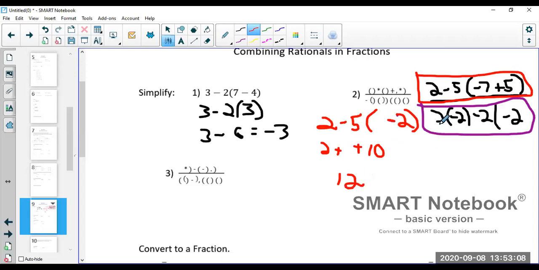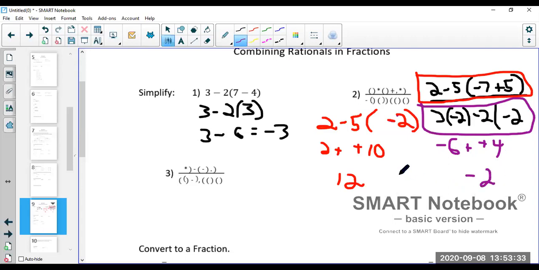Then we go over here and we do this section, and we'll do that in purple. So we have 3 times negative 2 is negative 6 minus negative 4 is 2 times negative 2, or if you wanted to, you could have gone negative 2 times negative 2 equals positive, and we have negative 2.